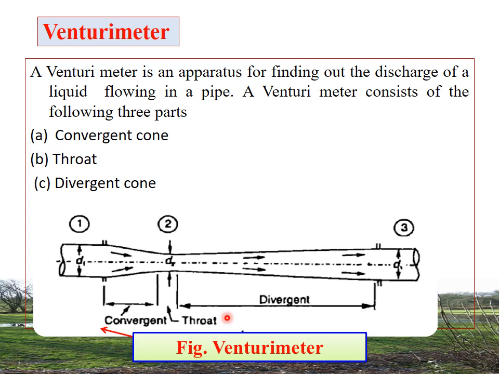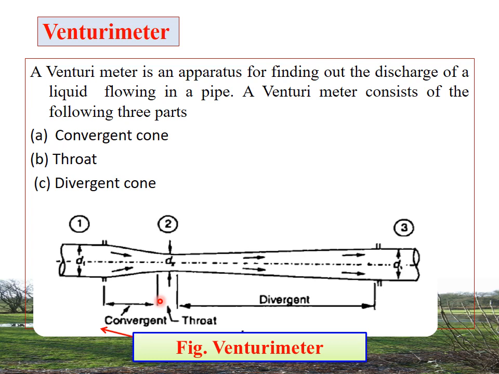Next, the principle of the Venturi meter is based on Bernoulli's equation, that is, velocity head increases at accelerated flow by reducing the cross-sectional area of the flow, due to which the pressure head is reduced at that section.